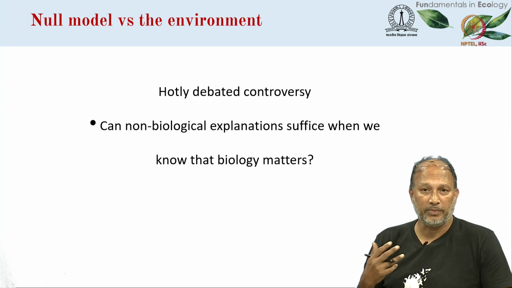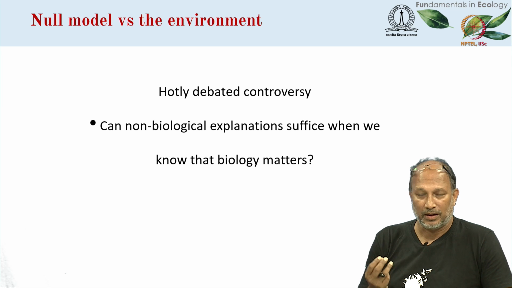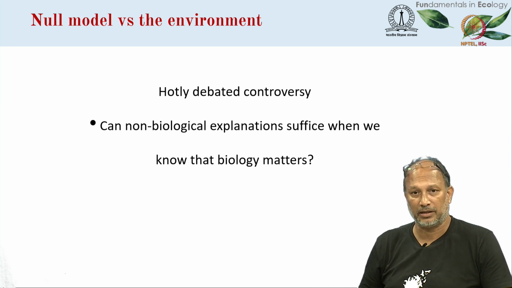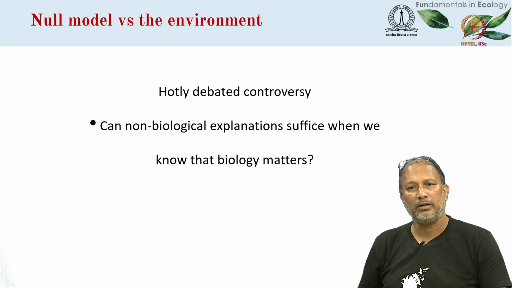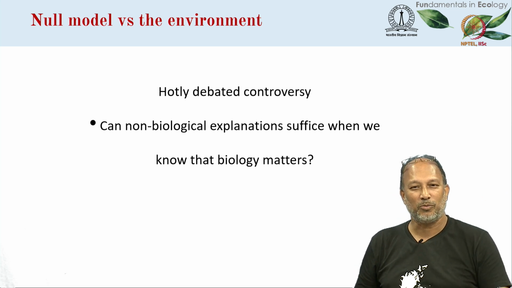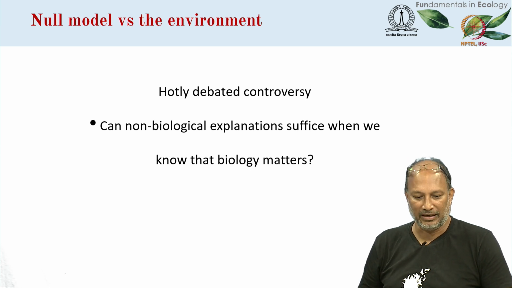Now, given that we are so keenly aware of the effect that environment and other factors of biology influence species distributions and their survival, how can we arrive at an explanation for a global pattern of diversity across latitudes and elevations based on a non-biological null model alone?